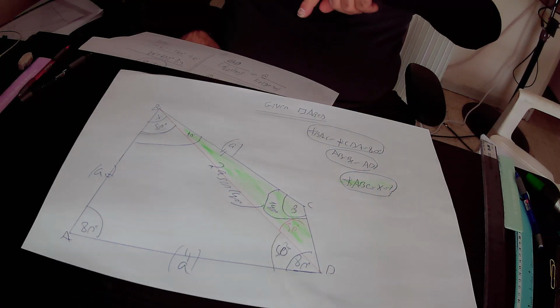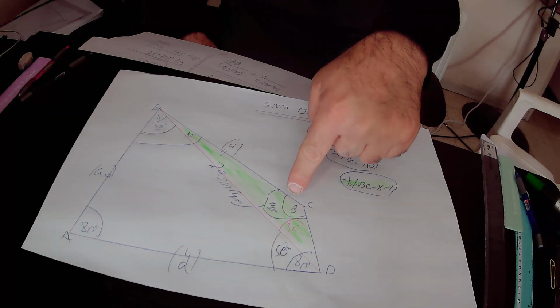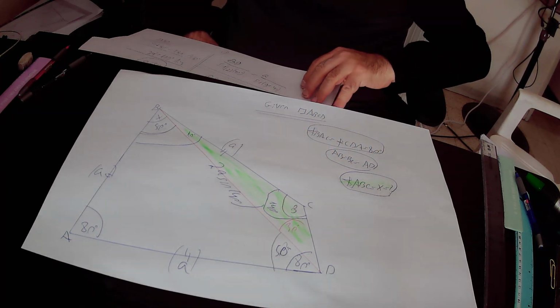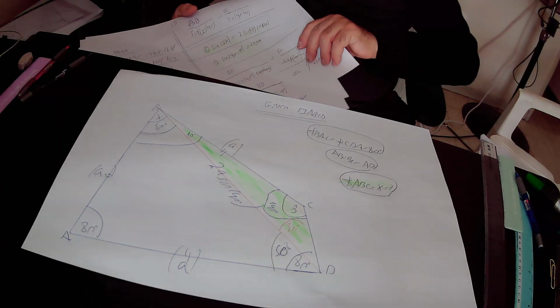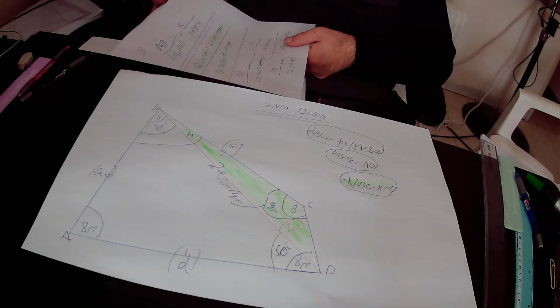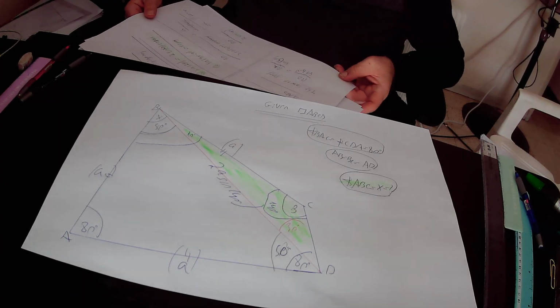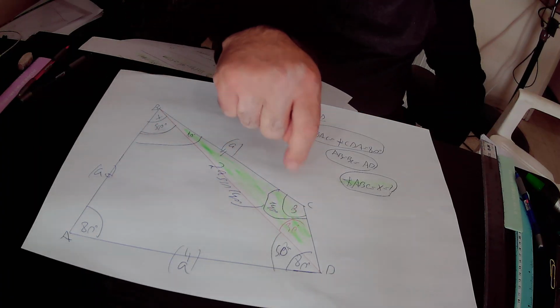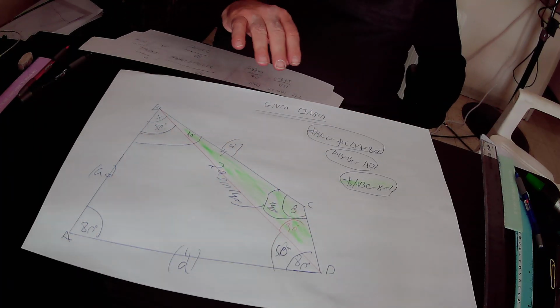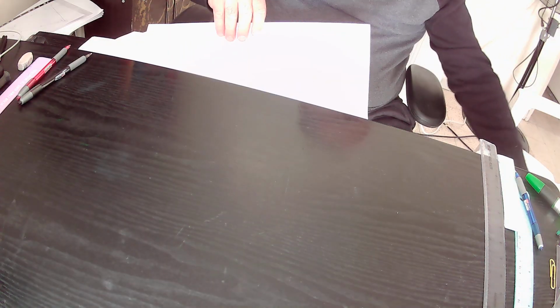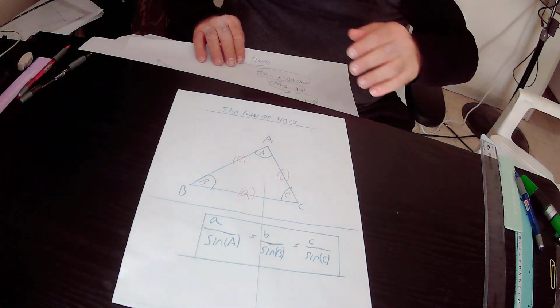In the next step we define this angle ACD as beta, and then we implement the law of sines. So let me quickly recall the law of sines. This is triangle ABC, which could be any triangle.